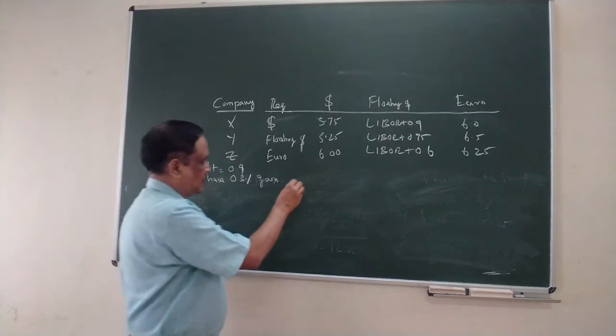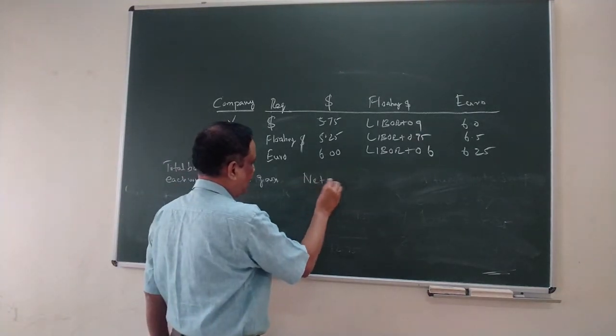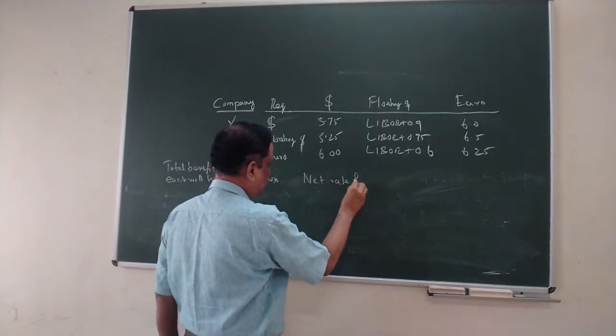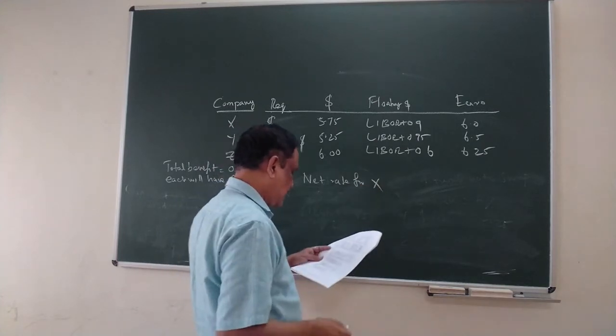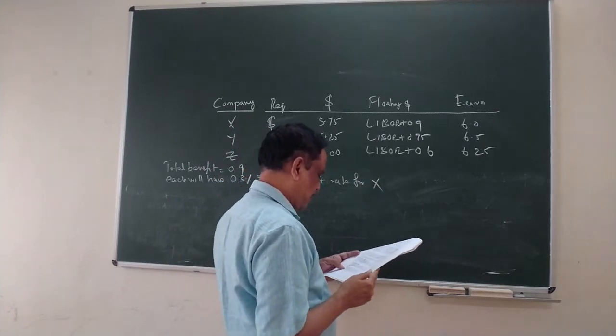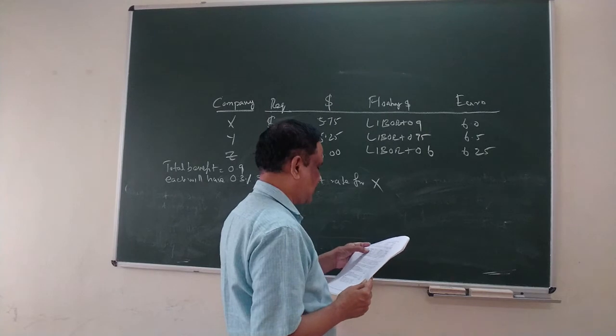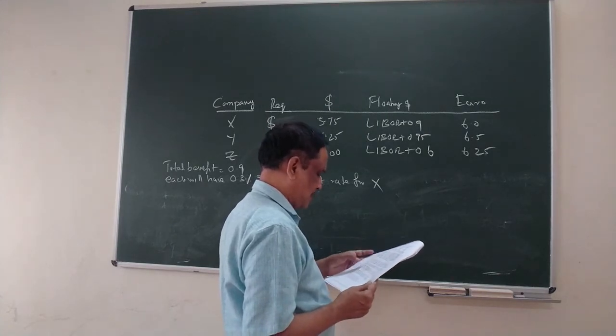Now, first you can write the net rate for X. X wants fixed dollar.